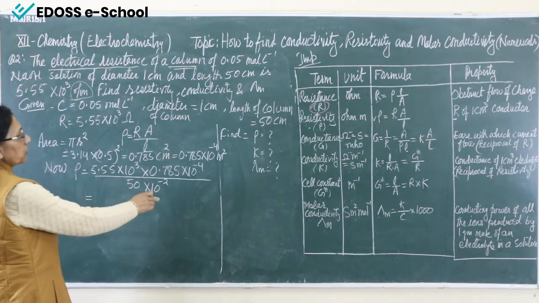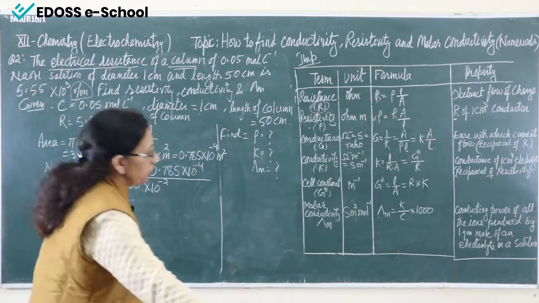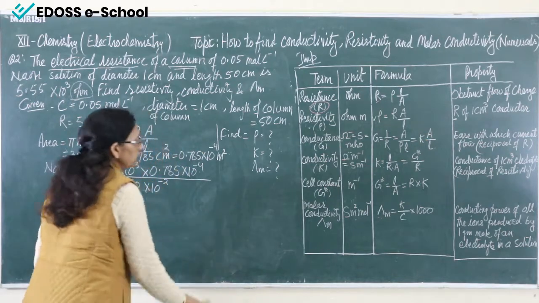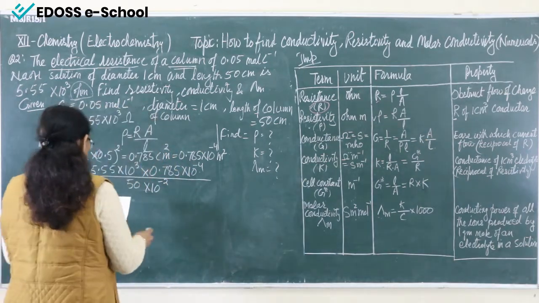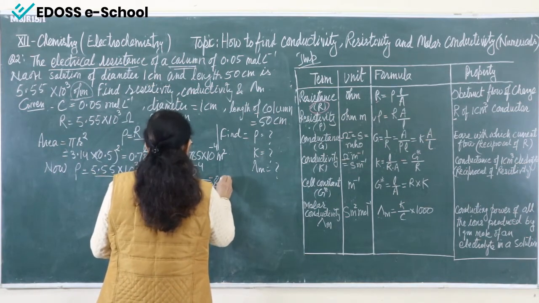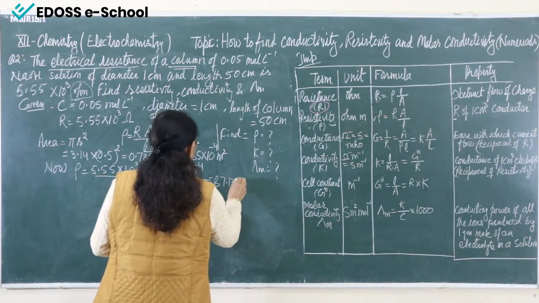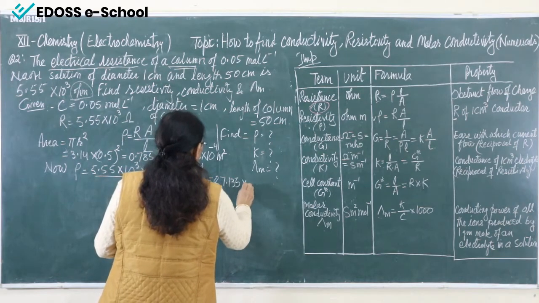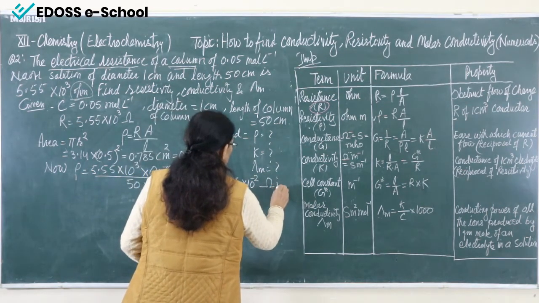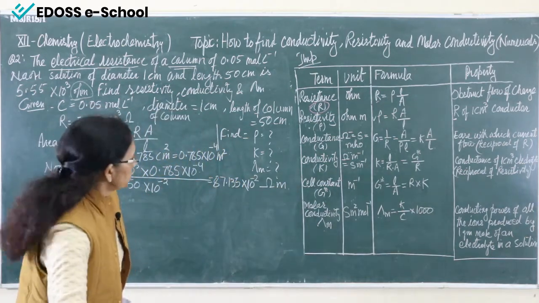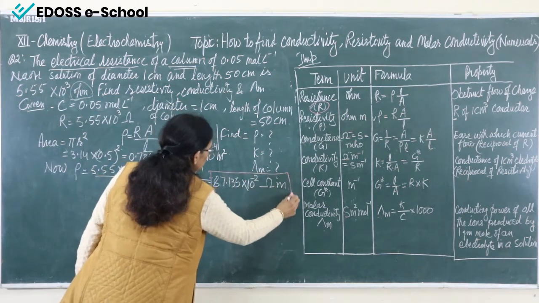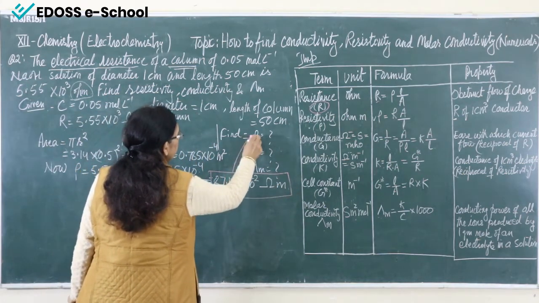Now if you calculate it, after calculation we will get this value. So this will be the first answer, 87.135 into 10 raised to power minus 2. This is ohm meter. So this is our first answer, this we have found.